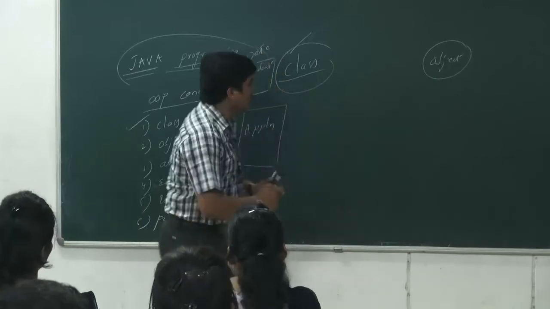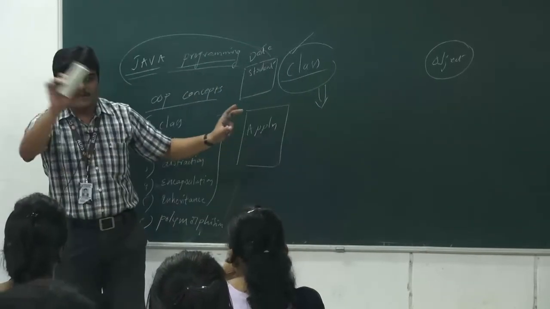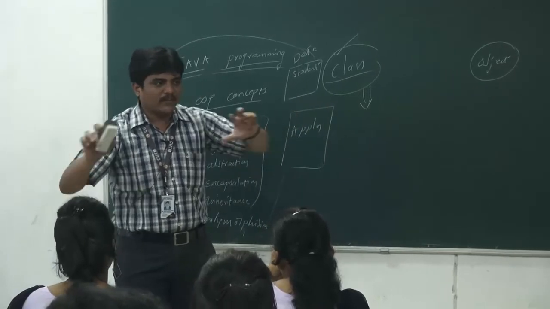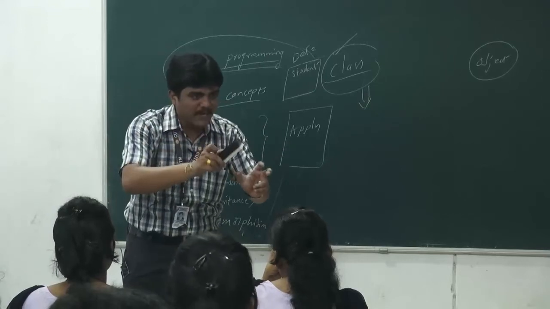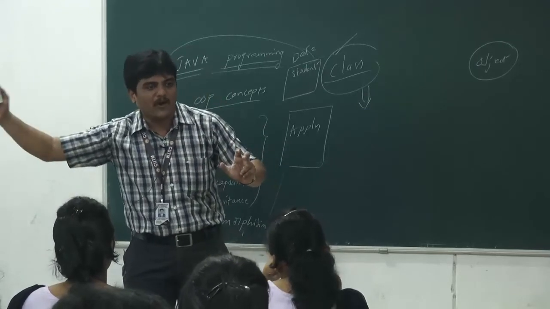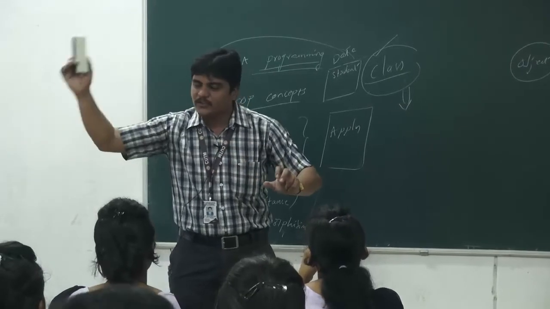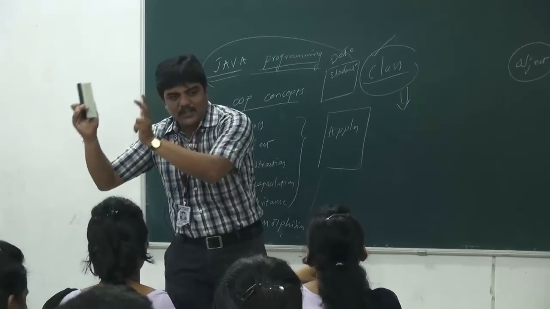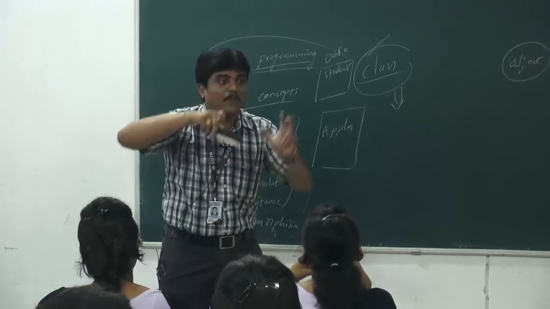Let us consider our campus building structure. Before the construction of this building, there is one blueprint given by some architect. That blueprint is one class, and this building is one object.